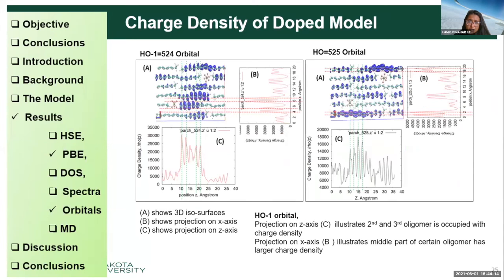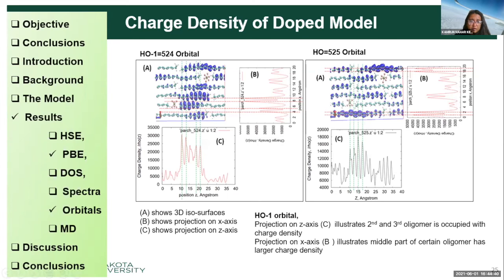So I plotted similar things for the doped model and co-doped model as well, and there we see that here we add materials. That's why there we are not able to see the highest peak. That oligomer does not show more charge density.